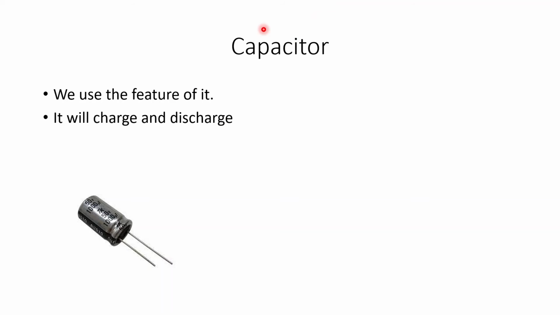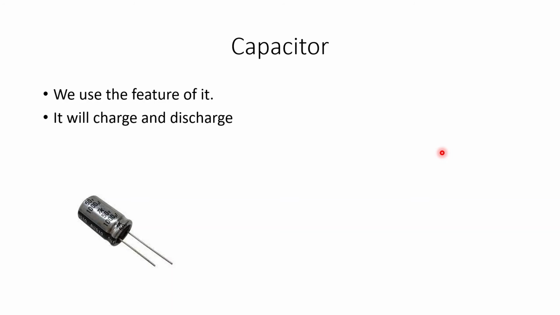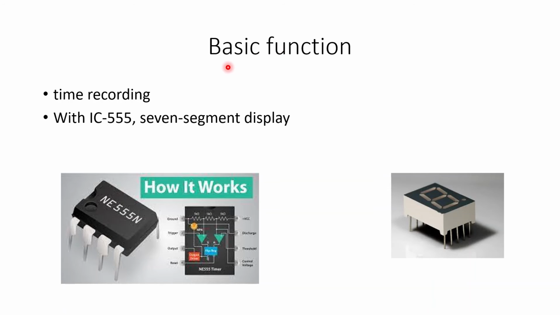Okay, the capacitor is our main component in the circuit, because we use its feature: the capacitor will charge and discharge, which will cause different voltage output here. Okay, let's talk about the basic function of our clock. Our basic function is to record the time.